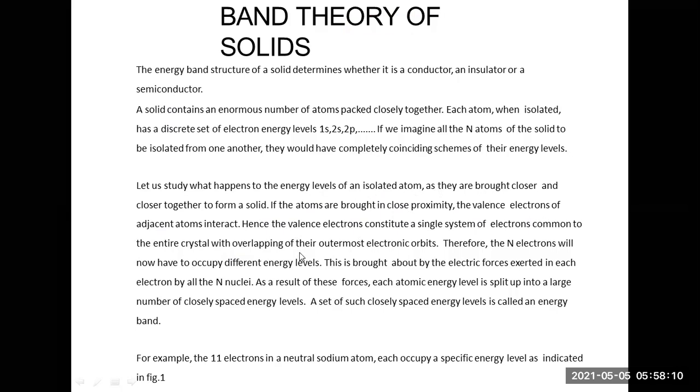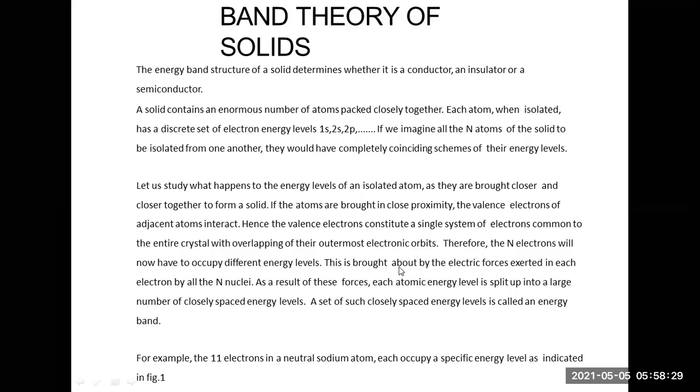You already know, valence electrons will try to interact with the adjacent neighboring atoms, and a bond will be formed between valence electrons. Valence electrons are the electrons which are present in the outermost shell, and that is why we call them valence electrons, right?